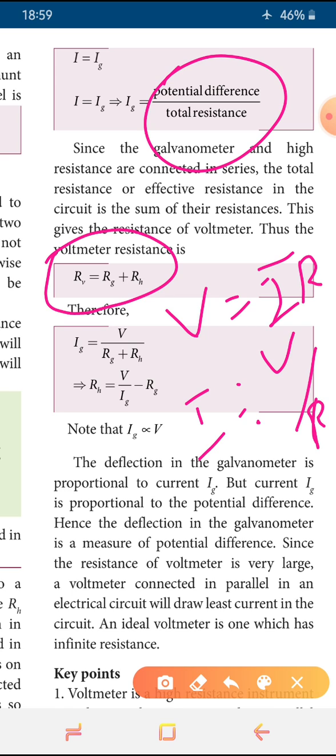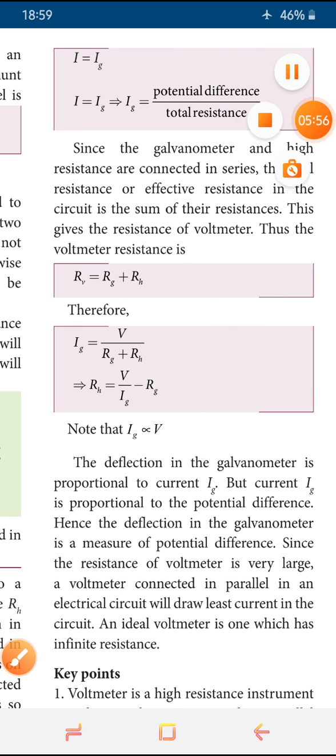Substituting this in the equation, we get Ig is equal to V divided by Rg plus RH. Then RH is equal to V by Ig minus Rg.